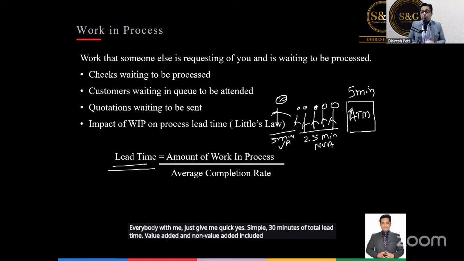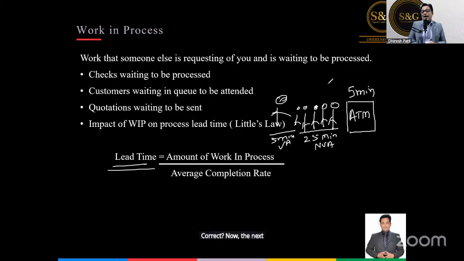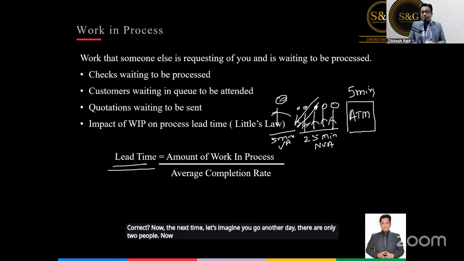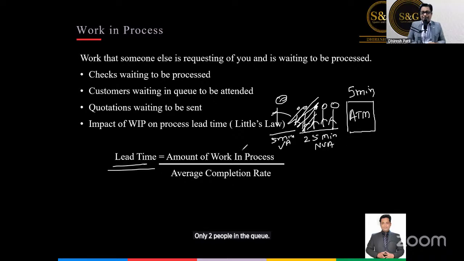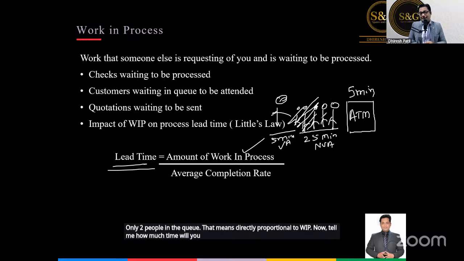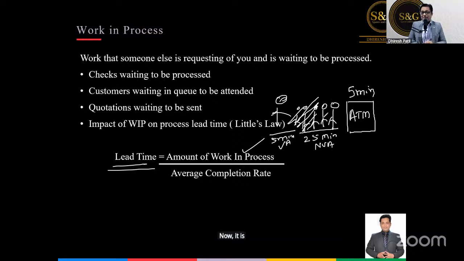Now remove the WIP. WIP is the number of people. Correct? Now the next time, let's imagine you go another day. There are only 2 people. Let's say we remove the 3 people, only 2 people in the queue. That means directly proportional to WIP. Now tell me how much time will you take? Now it is not 25 minutes. You'll only take 10 minutes, right?